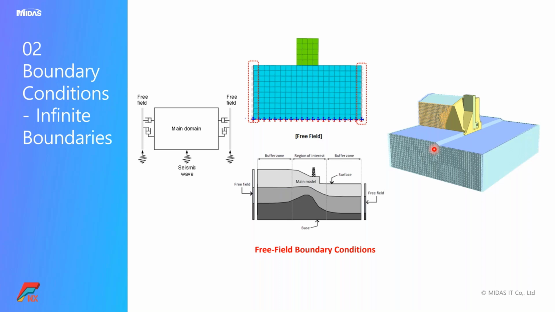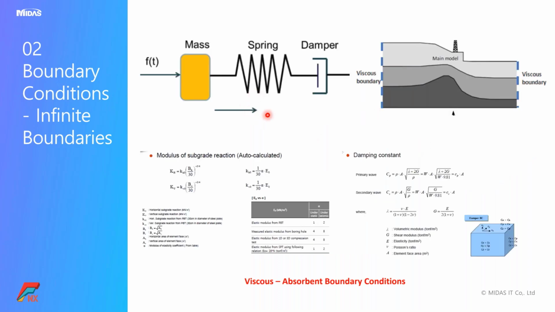And then this is how the absorbent boundary works. For the absorbent boundary, you will have the spring as well as damper. This mass is nothing but the mass that is present in the element over there. So we created hexadominant mesh, right?